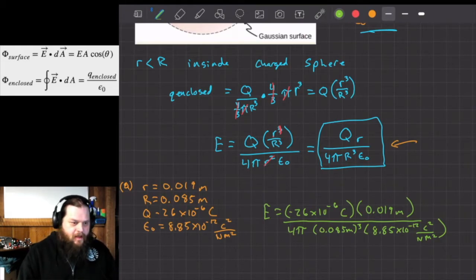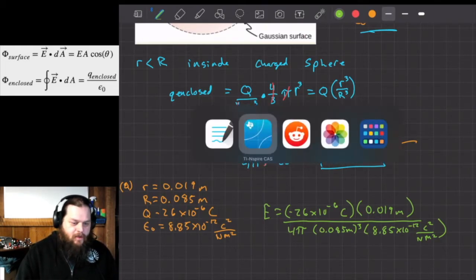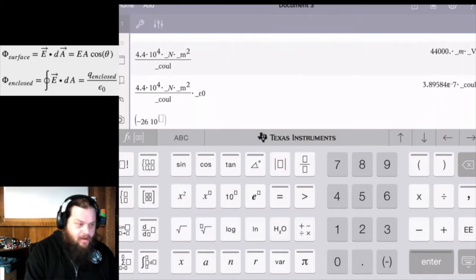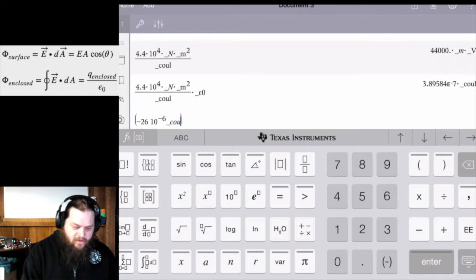So let's plug that into our calculator and see what we get. Like I said, negative 26 times 10 to the negative 6 coulombs, I'm going to multiply that by 0.019 meters.